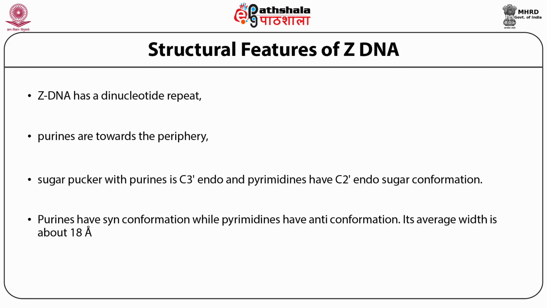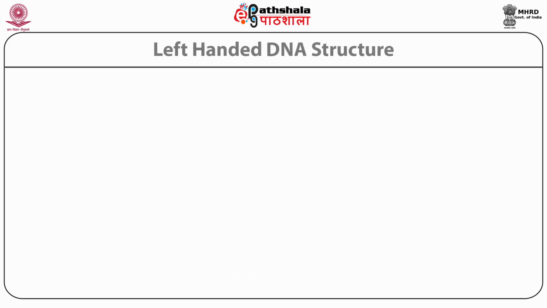The average width of this DNA form was 18 angstrom. It had 12 base pairs per turn, giving rise to 48 angstrom as pitch. We show in the picture a space filling model of left-handed DNA drawn using 5-mole software.